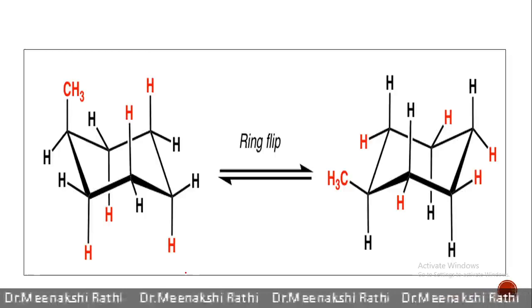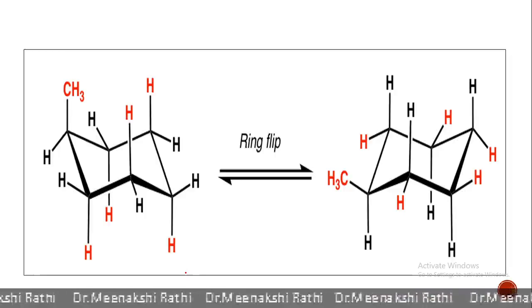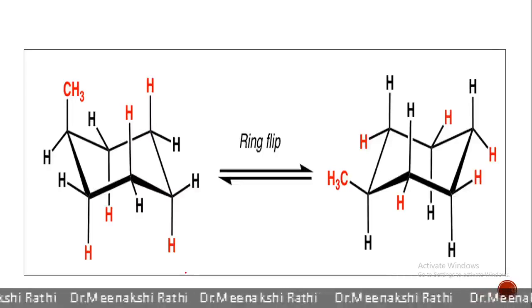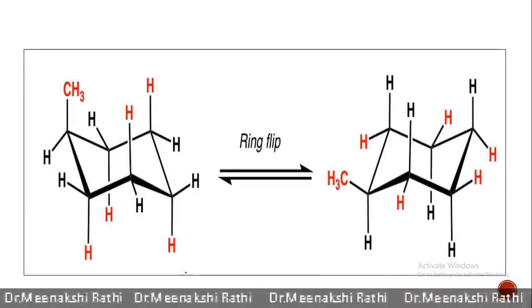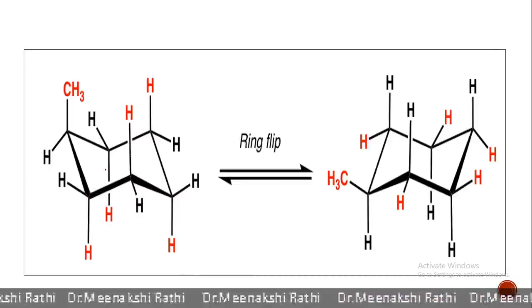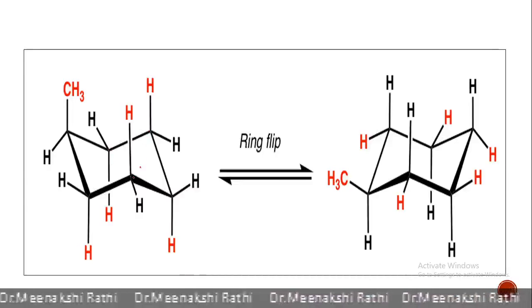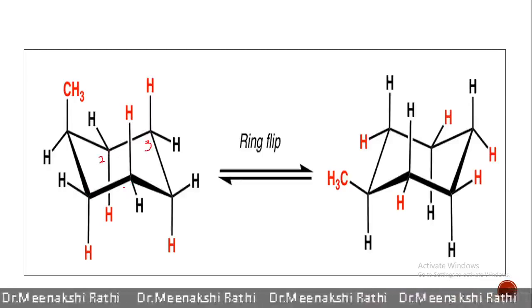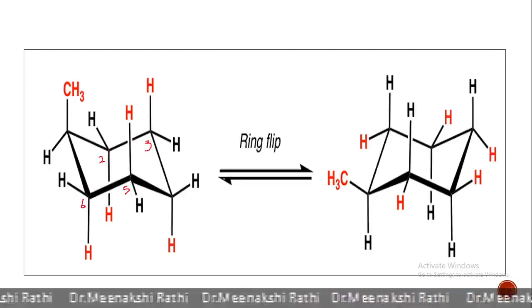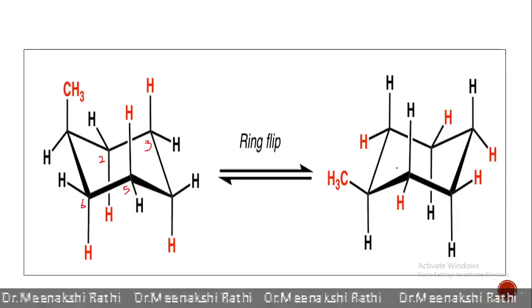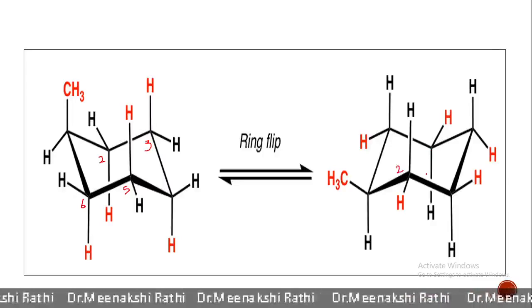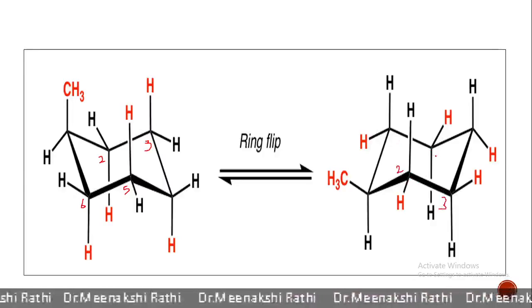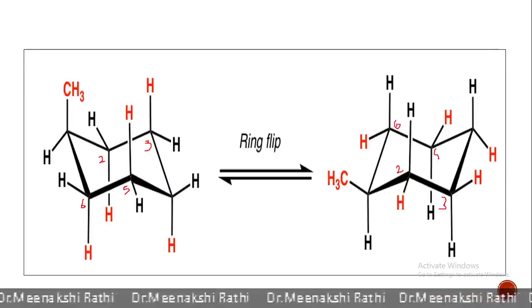One more concept we will study here, that is ring flipping. Chair conformation is always in two forms. See here, in both the forms, 4 carbon atoms are always in one plane, that is second, third, fifth and sixth in both the forms.